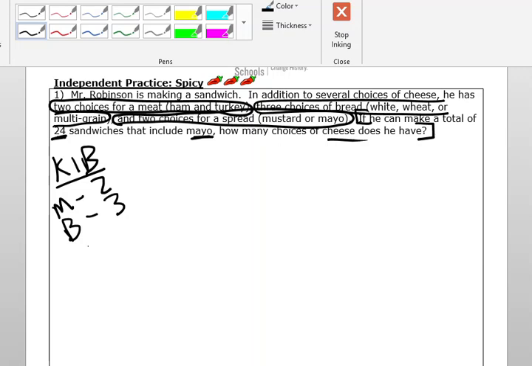And I have the condiment event. There are 2 choices. And I have the cheese event, and I don't know how many choices I have there. And so what I want to know, if there are 24 sandwiches that include mayo, is how many choices of cheese there are.